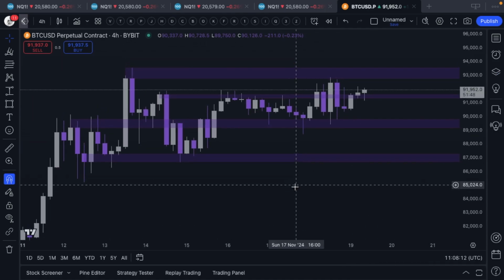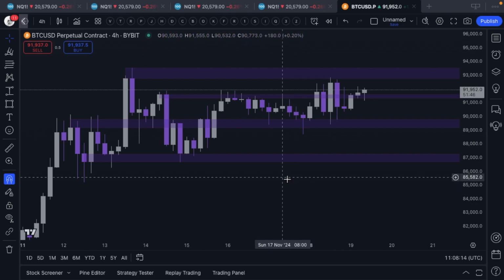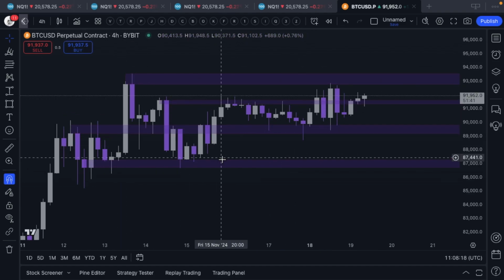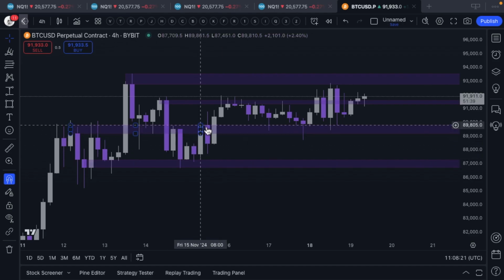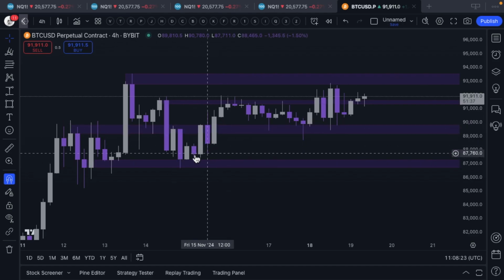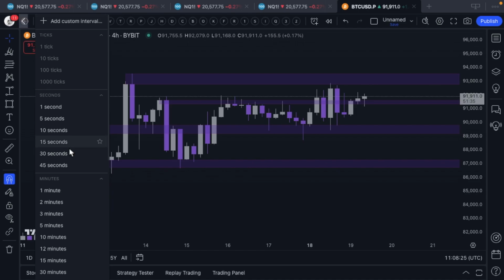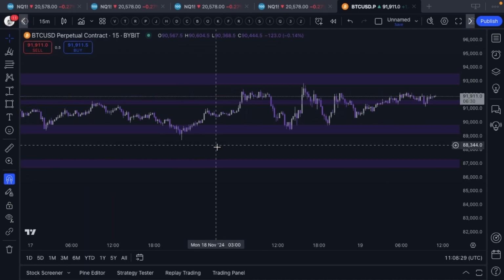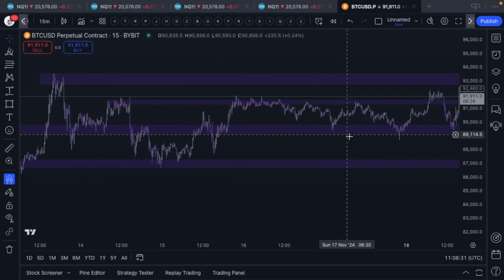Okay, so let's say price comes to your level. You've got these marked out on the 4-hour chart, all right? And Bitcoin is moving quite aggressively, so you're not going to be looking to trade these on the 4-hour. You're going to come down, let's say, to the 15-minute chart, or maybe the 1-hour.